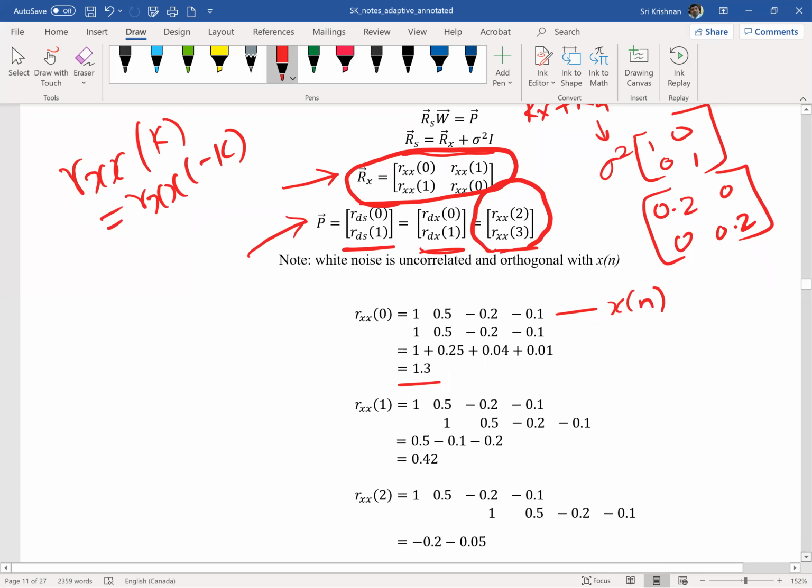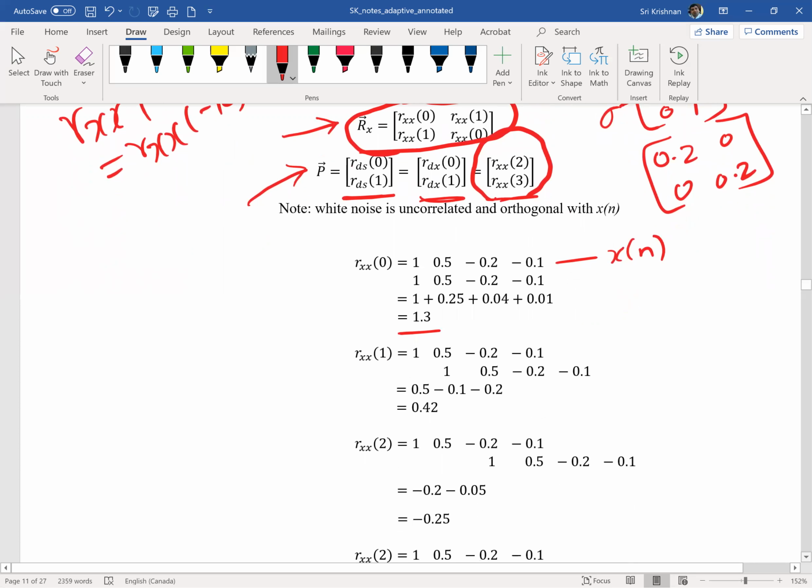In the next instant, obviously we're shifting the second sequence by 1 unit, and that's how we do the autocorrelation computation. When we shift to the right by 1, we get RXX1 to be 0.42. You could also shift to the left, and that's RXX minus 1, and the value would be the same, because it is symmetrical around the origin.